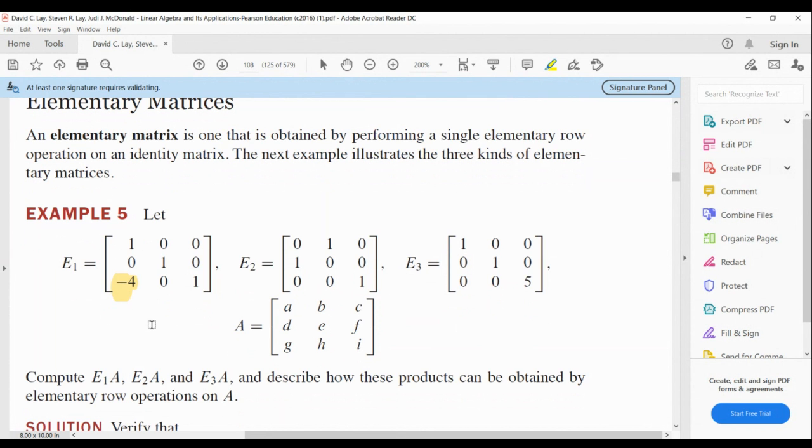So how could you go from a 3x3 identity matrix? What operation would you have to do so that you would get a -4 in that spot? What row operation?